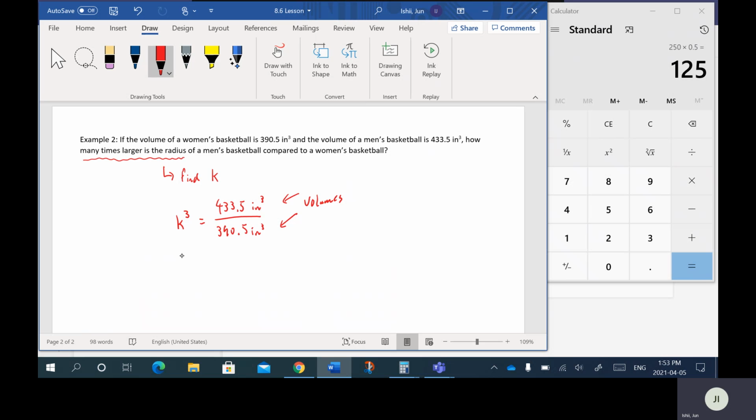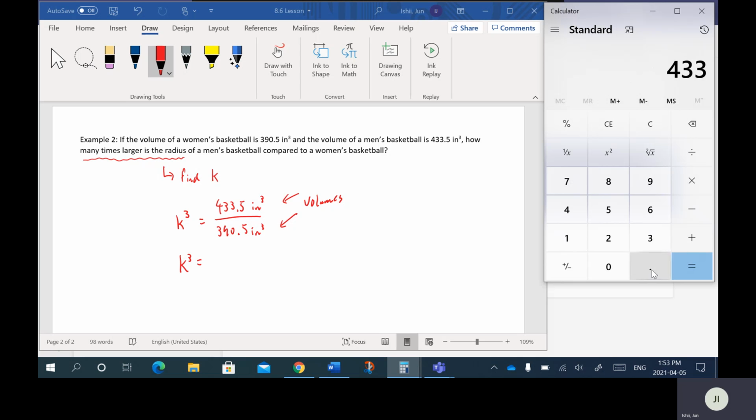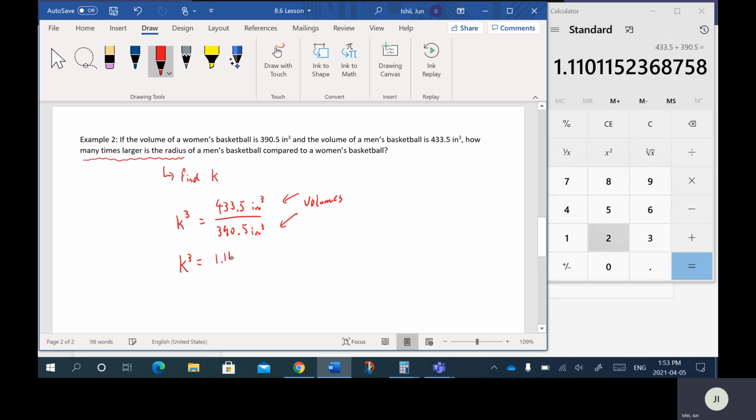Let's divide those two numbers. 433.5 divided by 390.5 equals 1.110 and so on. I'll leave that in my calculator.